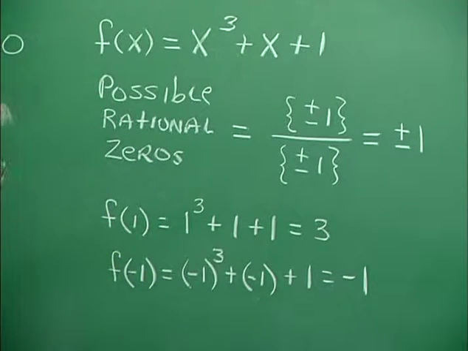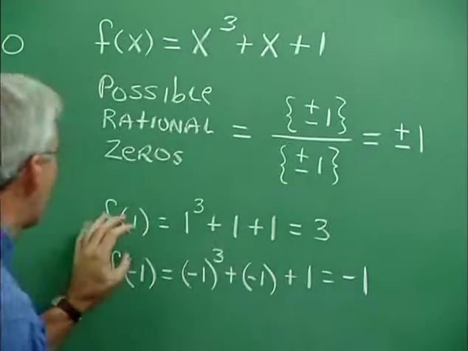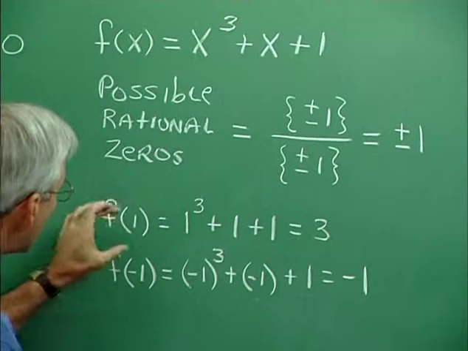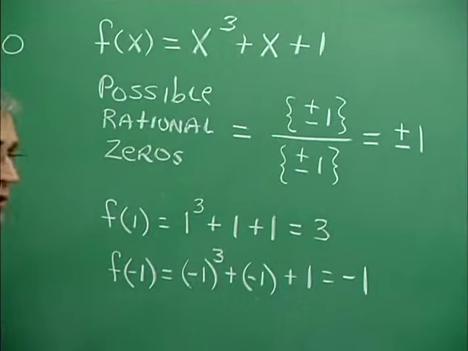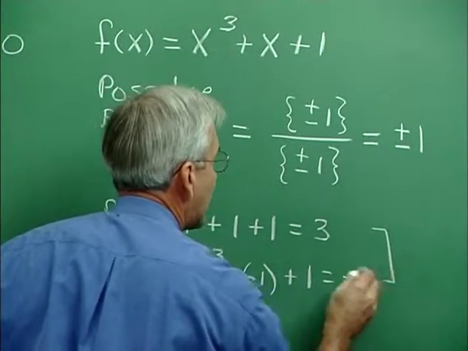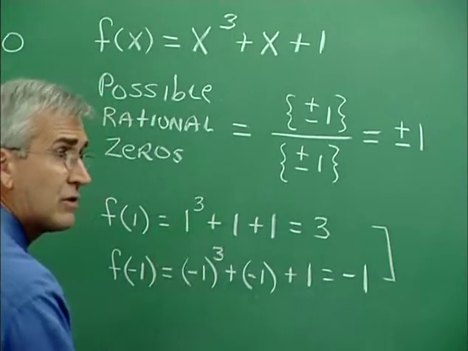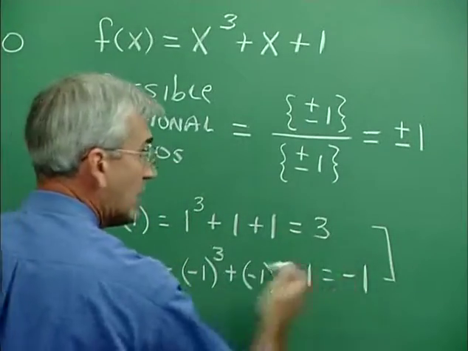Well, how does this help us? It turns out that if these are all of the possible rational zeros, neither one of them produces a 0 for our function. So how does this really help us? Well, we might notice here that that 3 and negative 1 are on opposite sides of the x-axis. So there's a crossing between these two.